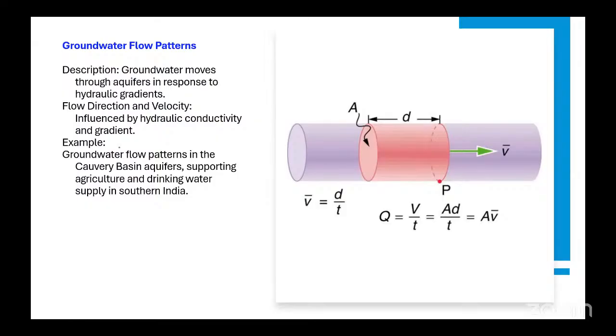For example, groundwater flow patterns in the Kaveri Basin aquifer support agriculture and drinking water supply in the southern part of India. This is one aquifer system, and this is the area of that aquifer system. V is the velocity, and gradient is the gradient. So V equal to d by t. Transmissivity and gradient. So this is the groundwater flow pattern.